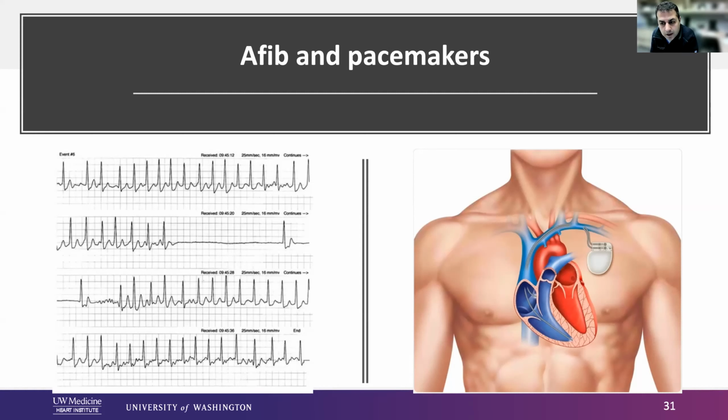So if we're trying to have as few episodes as possible, that may be achieved with several ablations or ablation in combination with drugs, versus trying to eliminate the AFib altogether.